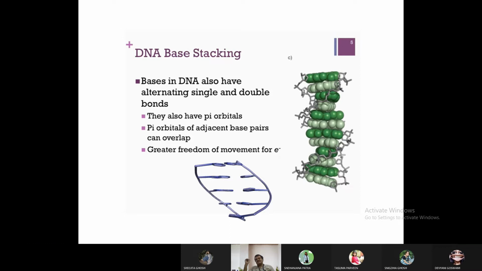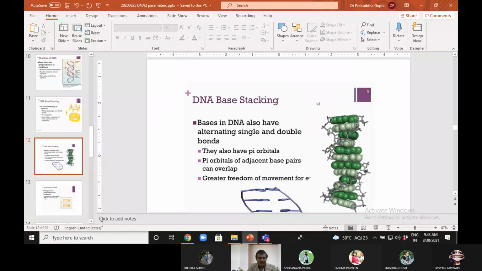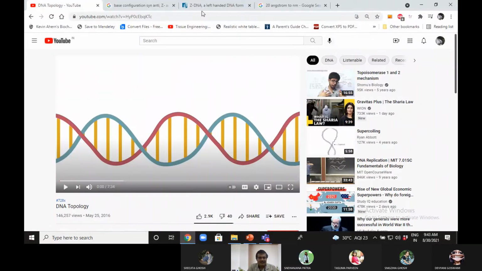Any suggestion? You have to twist it. But how can you twist it when it is like a ladder? Have you seen a twisted ladder? Yes, sir. In a twisted ladder, how are the steps arranged? They are a little bit twisted against one another. Let me show you a picture of a twisted ladder.